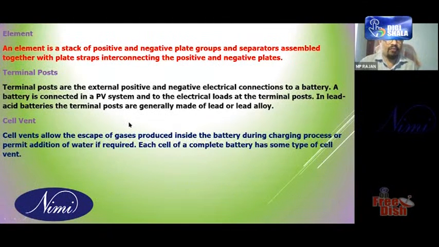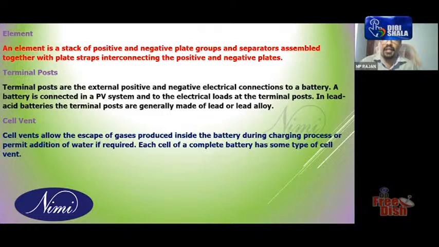Okay, then cell vent. Cell vent means there will be a hole at the top through which you can add acid in the initial period of battery construction, or you can add distilled water which may be required during operation. Sometimes it will produce gases during chemical action.